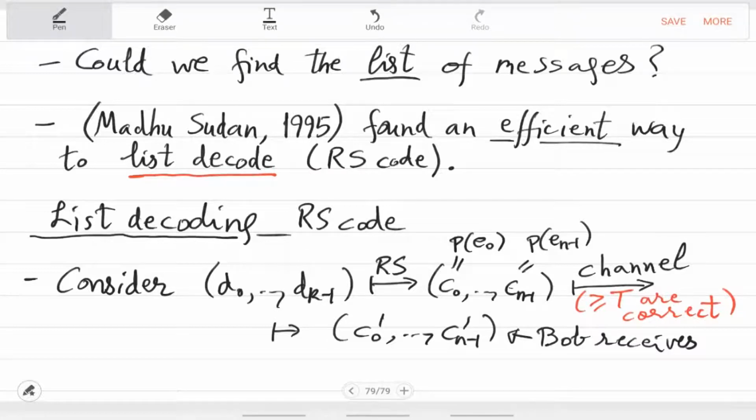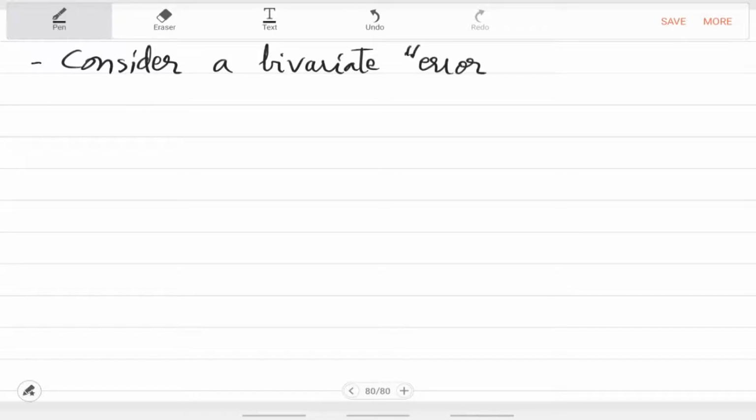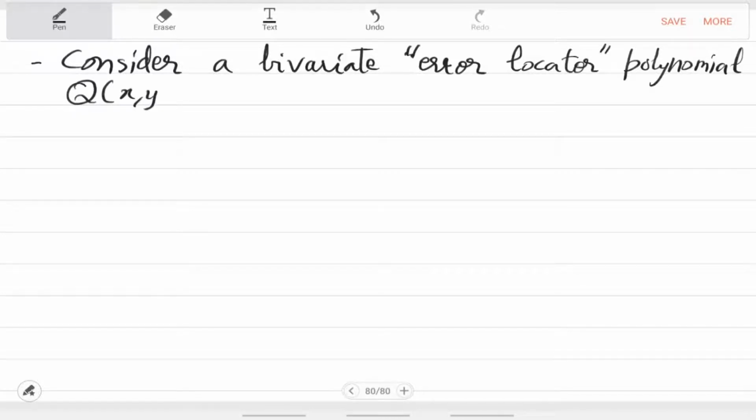So let us first change the error locator polynomial. So, we are changing the definition. So, consider a bivariate error locator Q(x, y) of degree dx and dy.